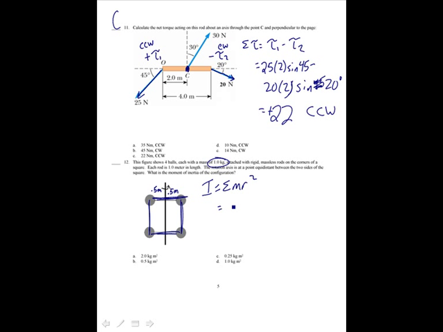I have 4 components, each at the same distance, so it's 4 times the mass, which is 1 kilogram, times the distance 0.5 meters squared. So it's 4 times a half squared, which is 1/4, so that's 1 kilogram meter squared. So number 12 is D.